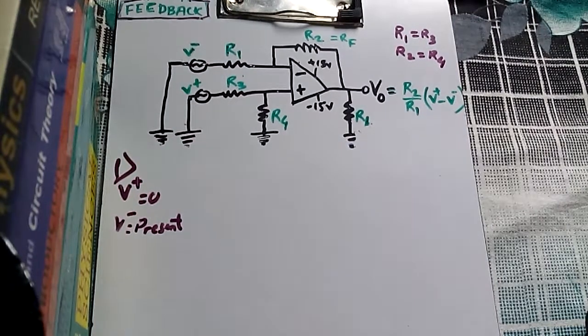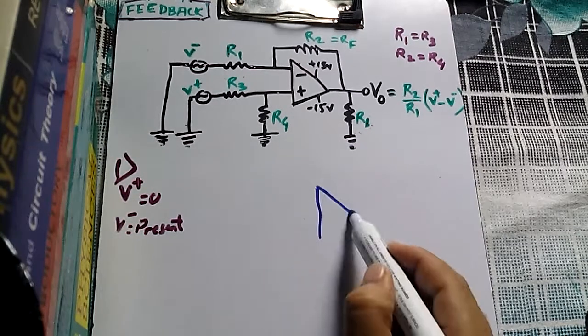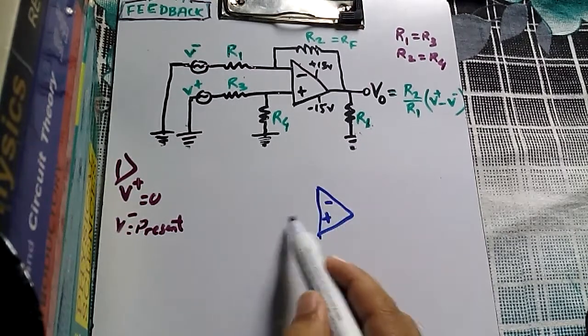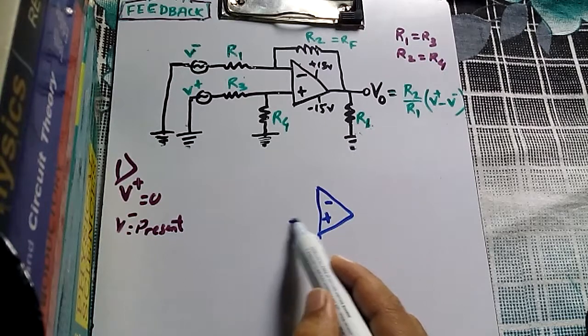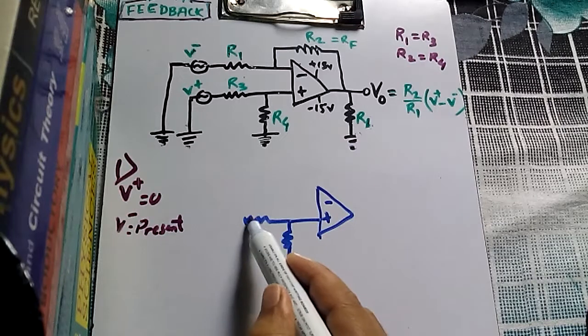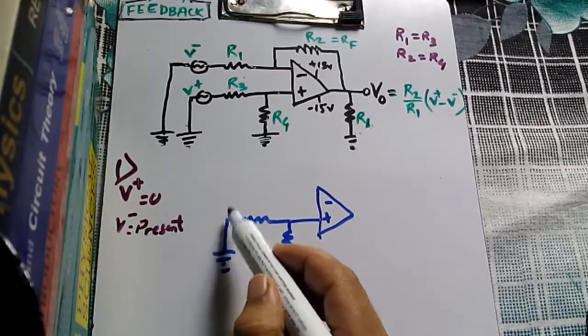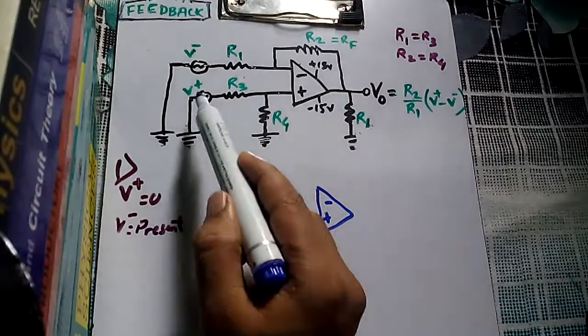So let us draw the circuit. I have eliminated the voltage. You can see there is no voltage now.